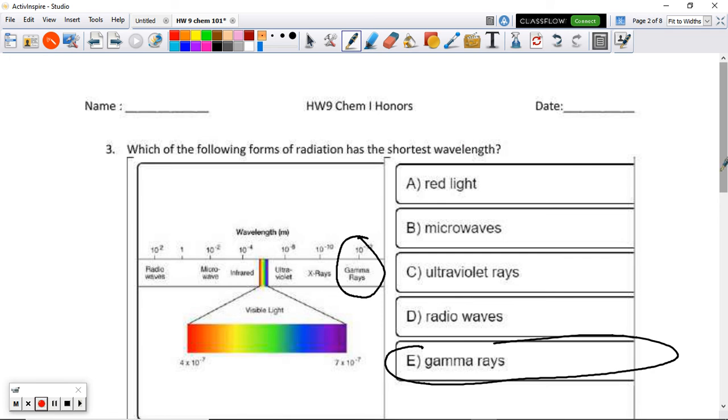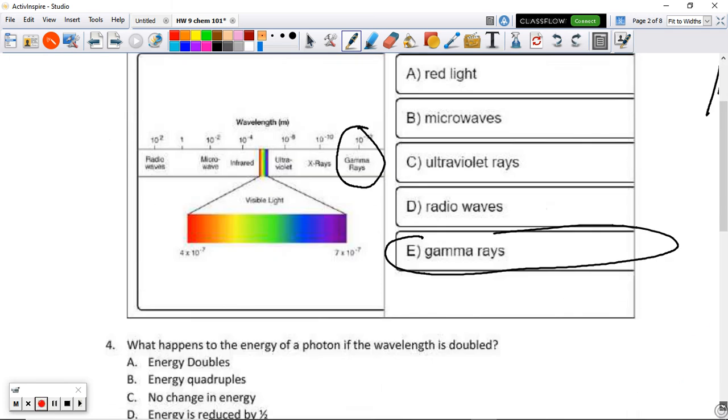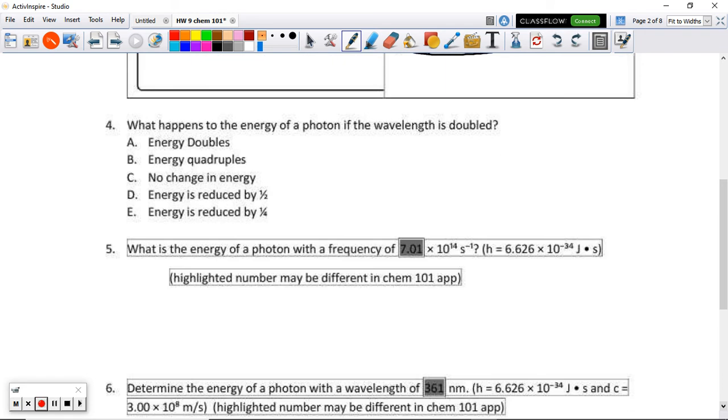Moving on. All right. What happens to the energy of a photon if the wavelength is doubled? All right, so if we have a certain wavelength, and then so we have 4 waves right there.